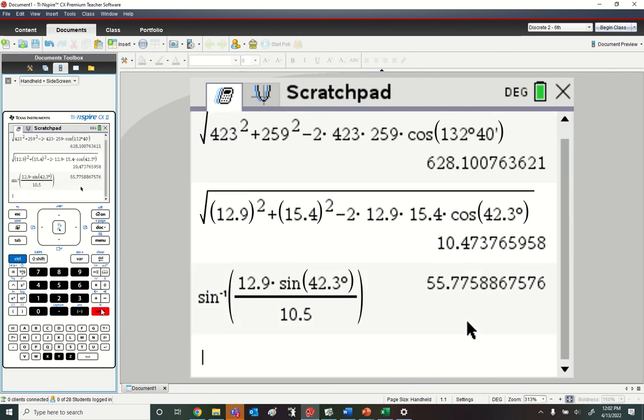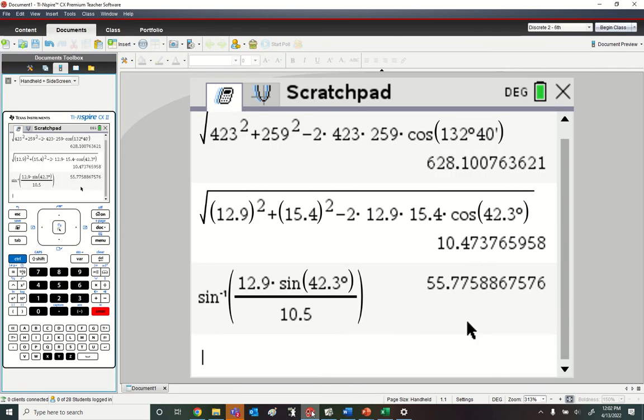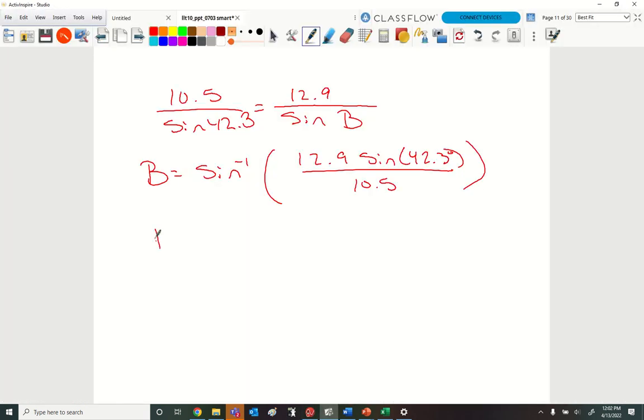And hit enter. There we go. And so this one's going to be my angle. My angle here is going to be 55.8. So I'm going to say it's about 55.8. So capital B, 55.8.